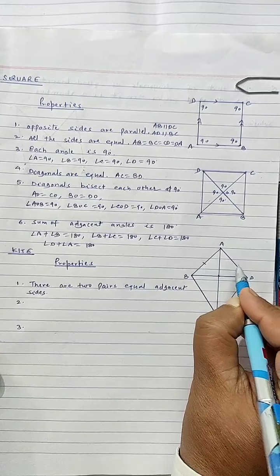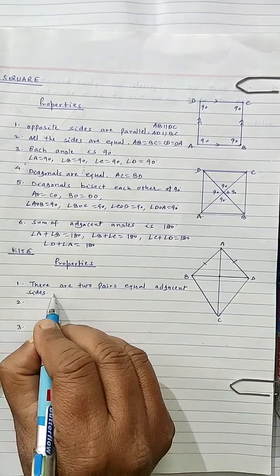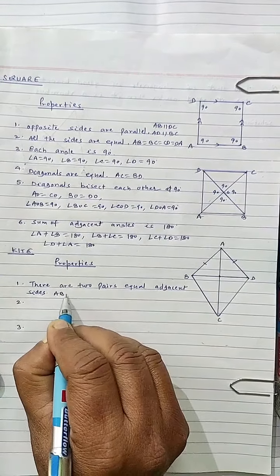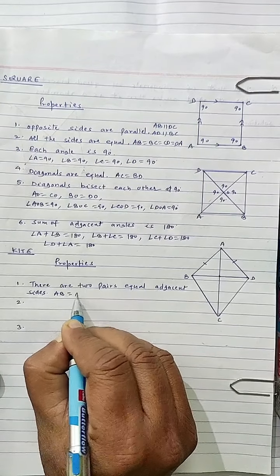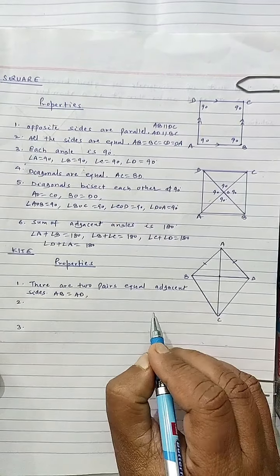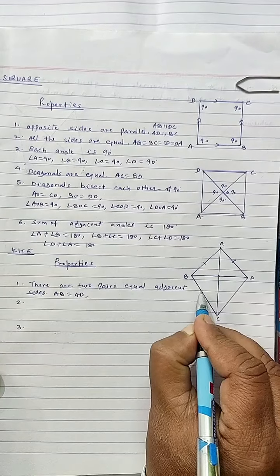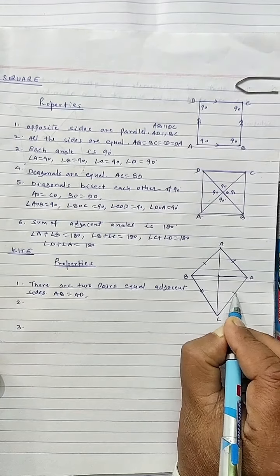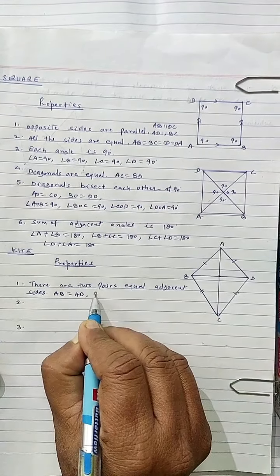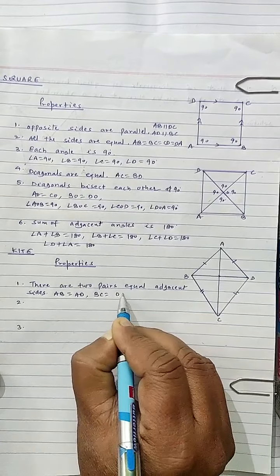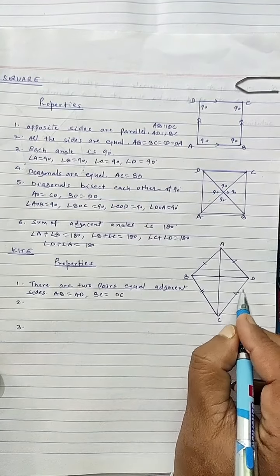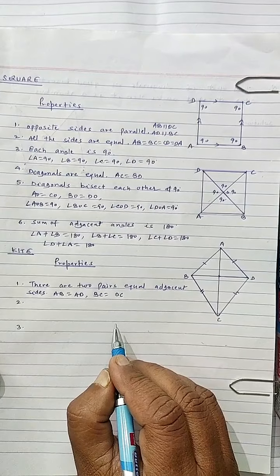AB and AD are the adjacent sides as well as they are equal in case of a kite. BC and DC is another pair of equal adjacent sides in a kite.